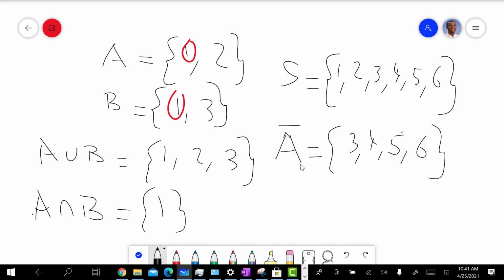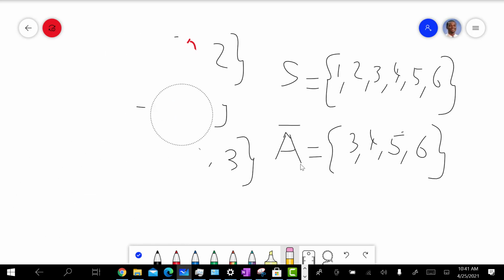All right, so let's talk about mutually exclusive sets. When we say that two sets A and B are mutually exclusive, that means they have absolutely nothing in common. Let me show you a visual representation.